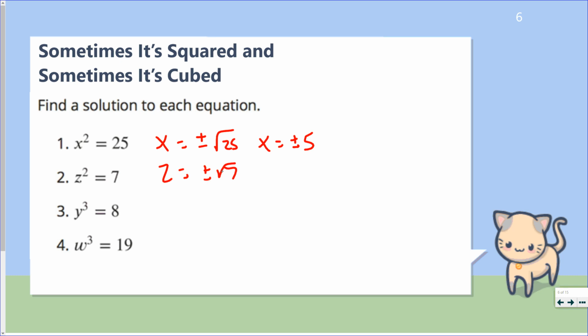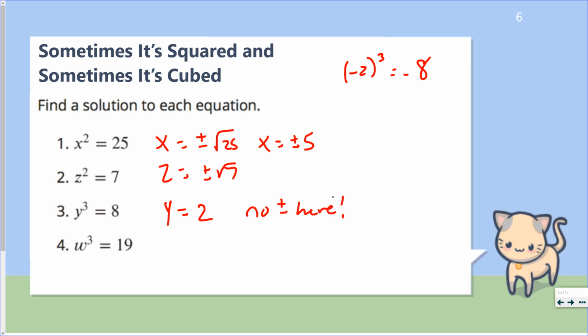Okay, for the next one, let's look at the third power. So what to the third power gives you 8? Well, it's 2, right? So is it plus or minus 2? No. And that's because what if this were negative 2? Negative 2 to the third power: negative times negative times negative is negative. That means there is no plus or minus here.